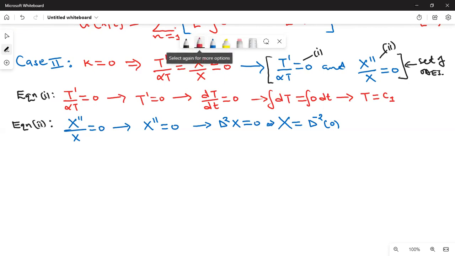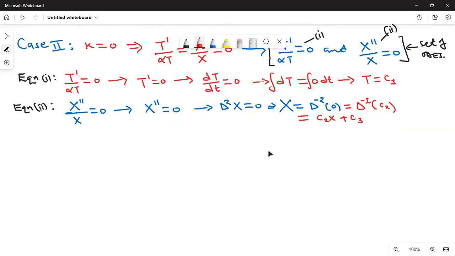When you integrate with respect to x, that will give you D raised to negative 1 of a constant, call it C2. When you integrate 0, you get a constant. Then you also integrate that constant to give you C2 times X plus another constant C3. So that's our solution.